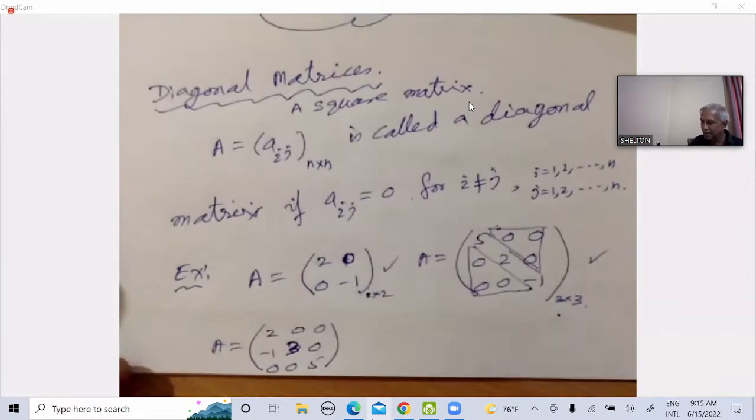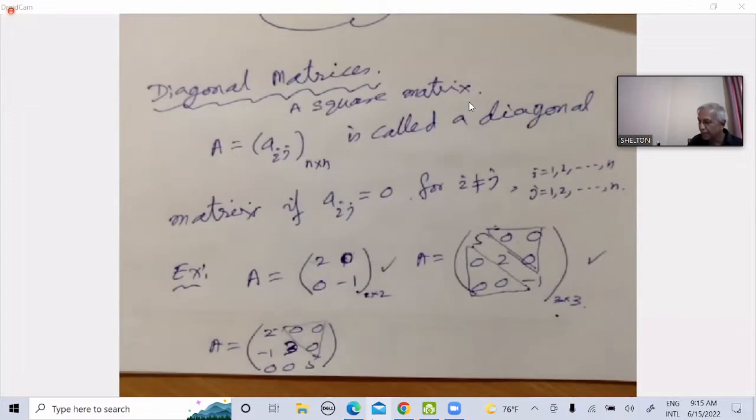Here, this triangle above consists of zeros. Triangle below, are they all zeros? Diagonal, you can have anything. This one is not a zero. Therefore, this is not allowed for a diagonal matrix.